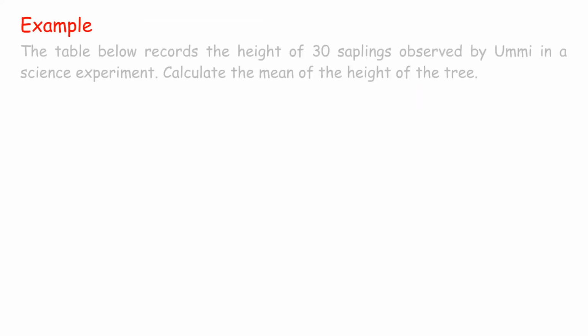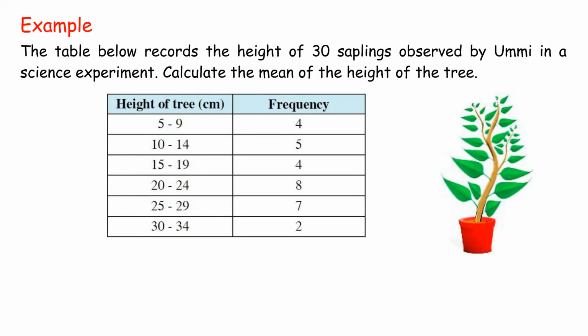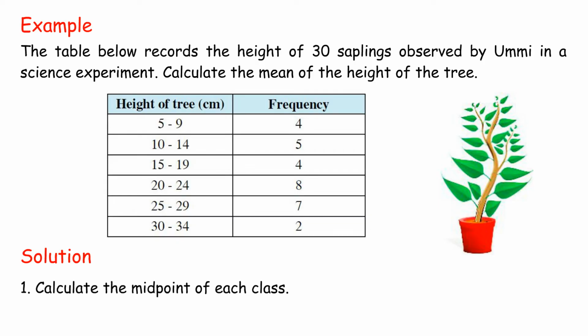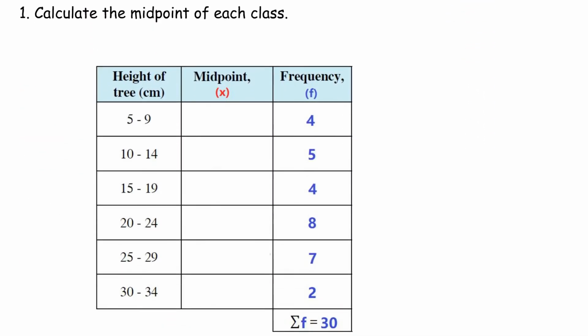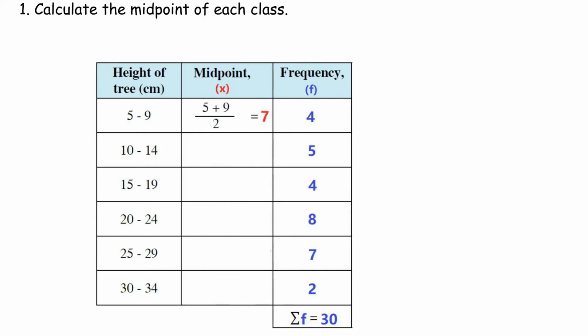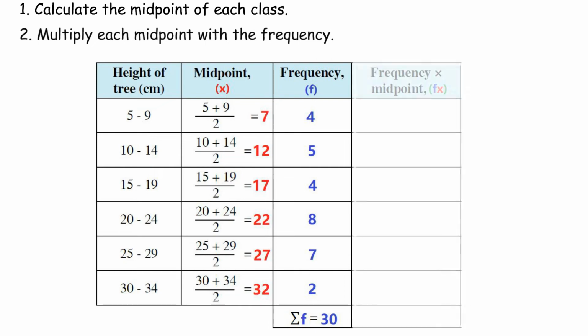Example: the table below records the height of 30 saplings observed by Umi in a science experiment. Calculate the mean of the height of the saplings. 1. Calculate the midpoint of each class. Midpoint equals lower limit plus upper limit divided by 2. 2.